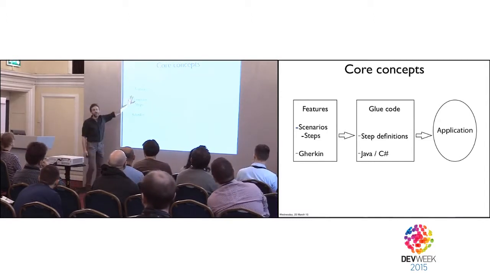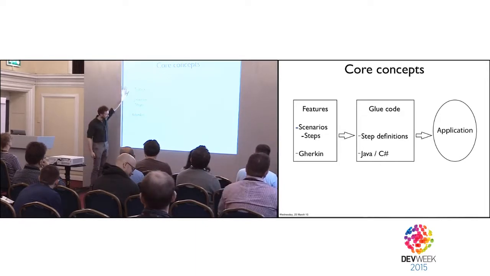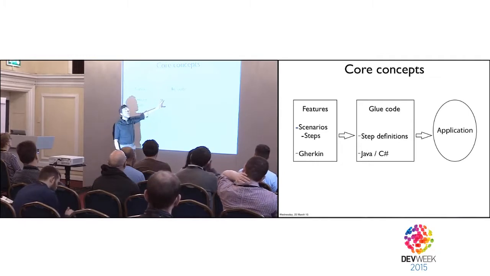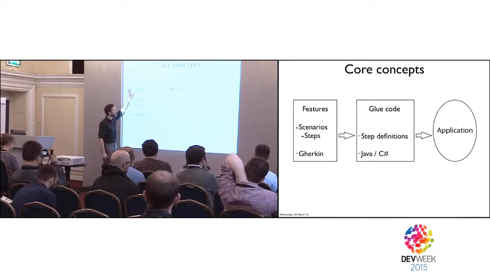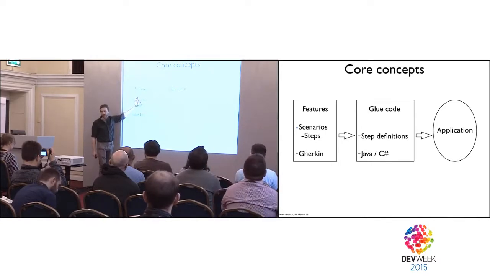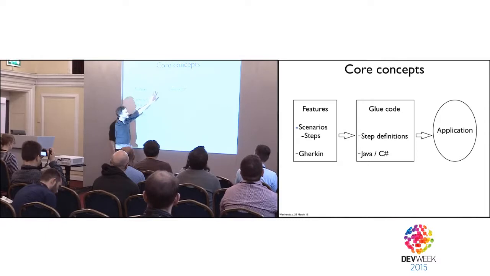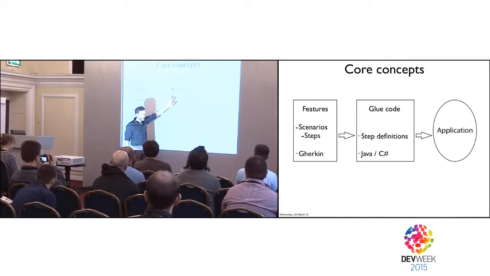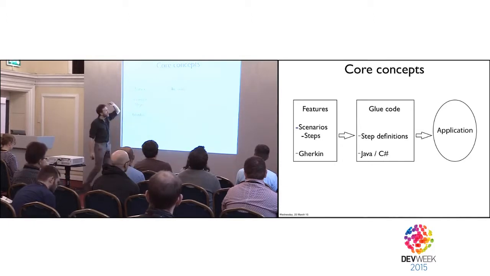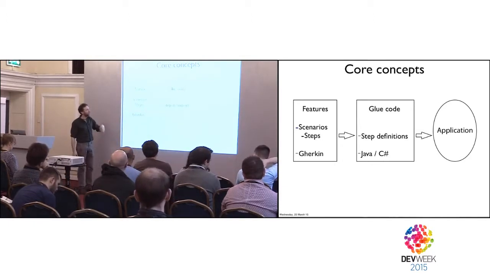So we have a feature file or feature files in this syntax called Gherkin. And then we need some glue code. So this is in English or Dutch or Swahili or lolcats, whatever language you want to write your business specifications in. And then you have to have something that will turn it into a call to an application that you want to write. We call this glue code. And the glue code is made up of step definitions.